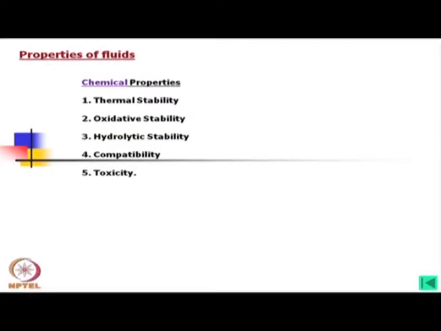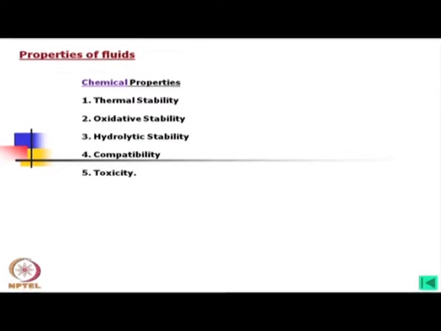Now, what are the chemical properties we need to have? Number one is thermal stability. What does it mean?